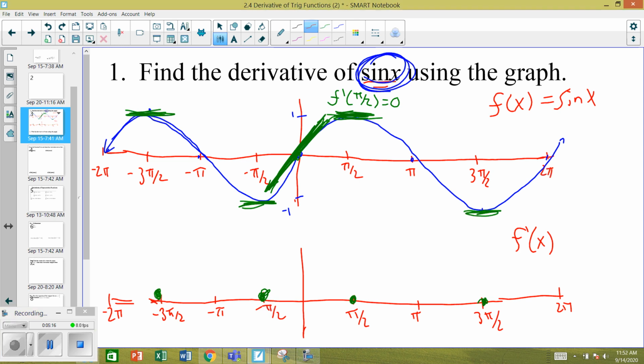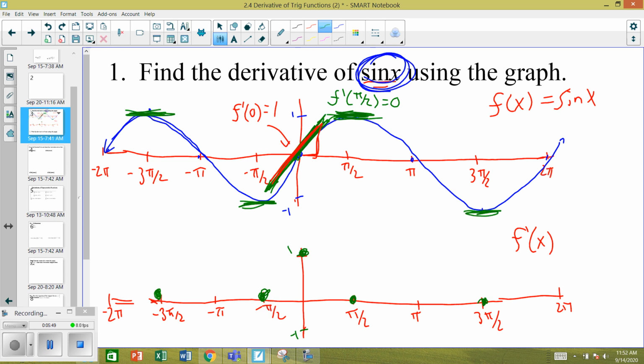For now, I want us to take my word on what this slope is going to be. If I did rise over run here and figured out this slope, it turns out that f prime of 0, the slope at that point, is 1. There's actually a problem in the warm-up that's going to explain that, and I'm going to go over in detail why that is later. But for now, we know that right here, f prime of 0 is equal to 1.